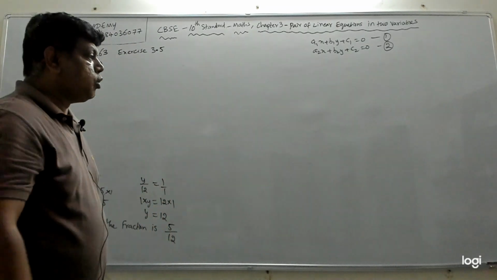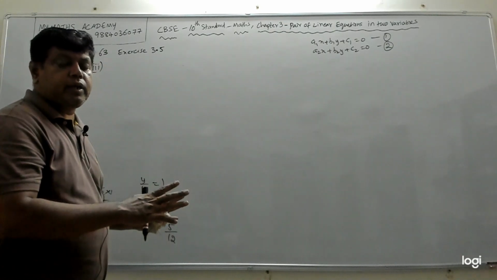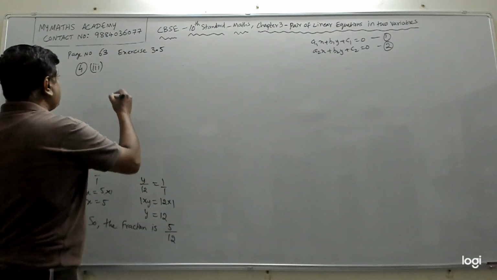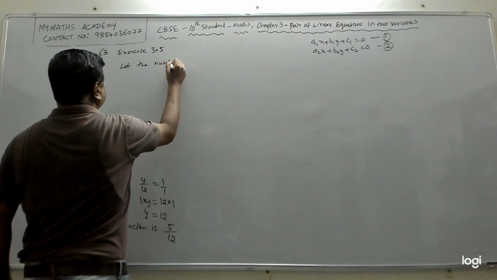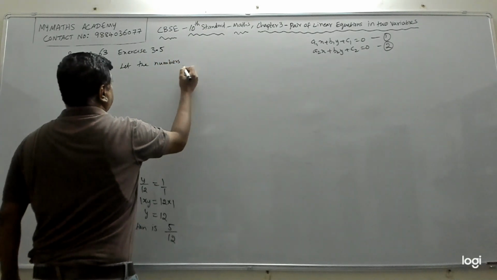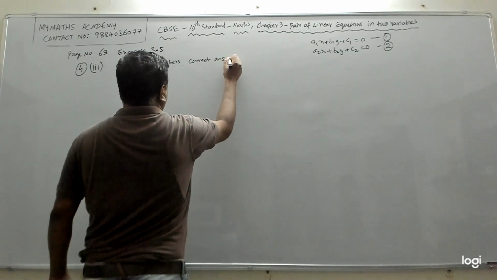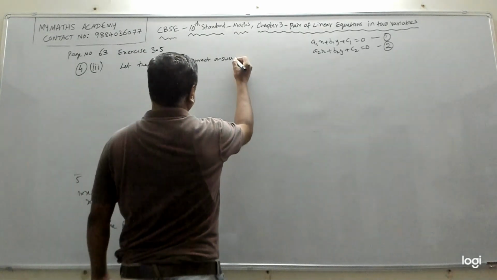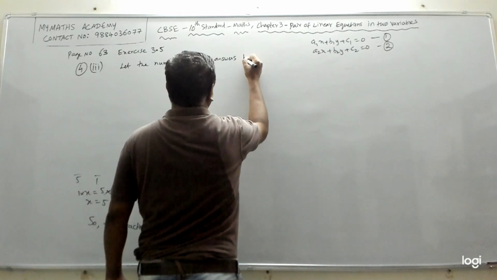So, we don't know how many questions were there in the test. Also, we don't know how many questions he wrote correctly and how many questions he wrote wrongly. Right? So we will assume that let the number of correct answers be x.